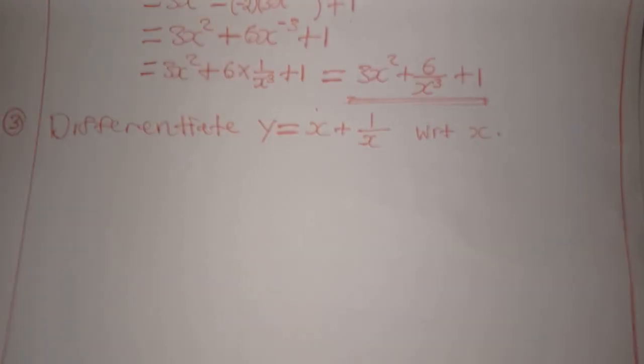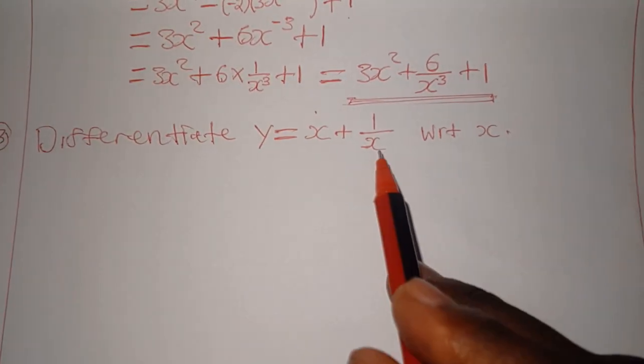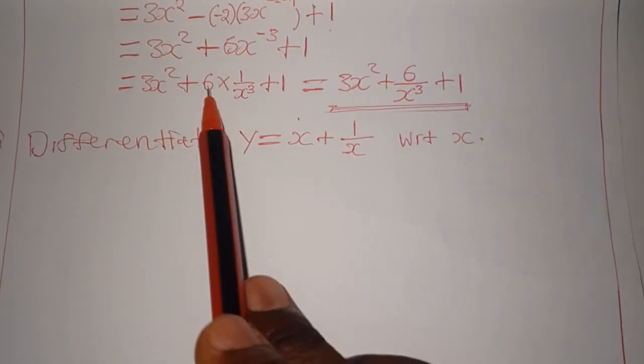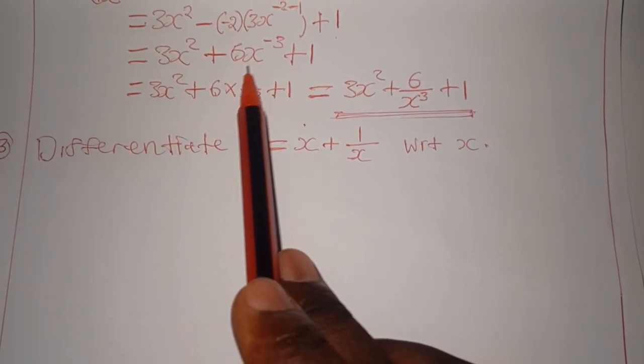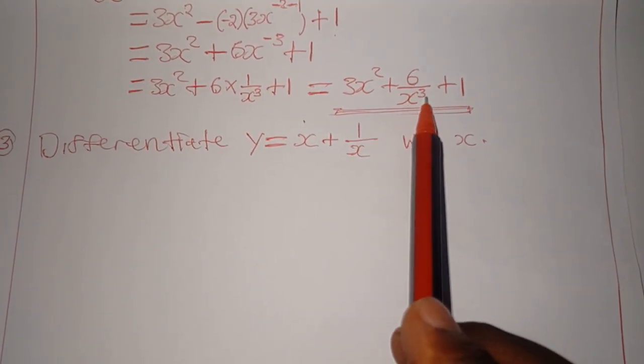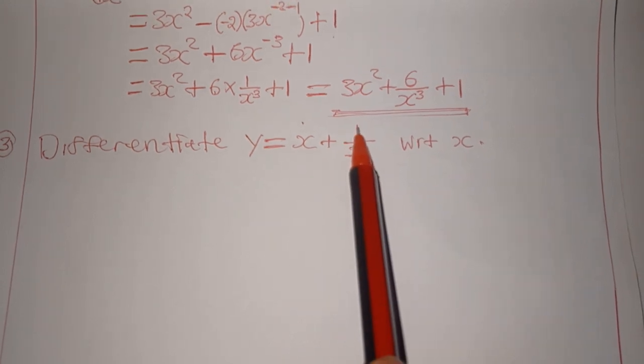So the way this question is, we are not going to do dy dx directly here, but we'll rewrite this first to a negative power. Remember the way we raised a 6 here from 6x to the power negative 3 to 6 on top over x to the power 3. So even this one, they have already given it as 1 over x.